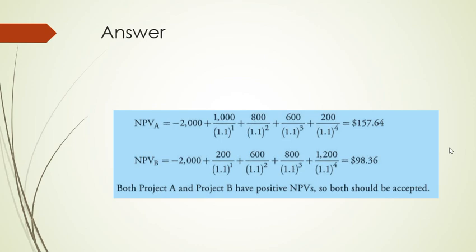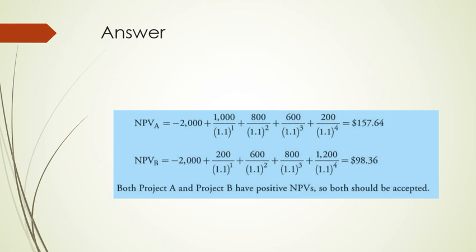So you have to clearly understand we're going to receive these amounts on top of our initial outlay. So your total value will be 2000 plus 157 and 98. Both projects A and B have positive NPV, so both should be accepted according to the rule of the NPV.